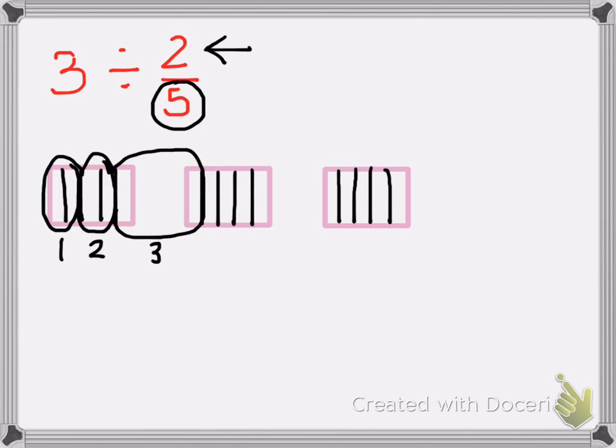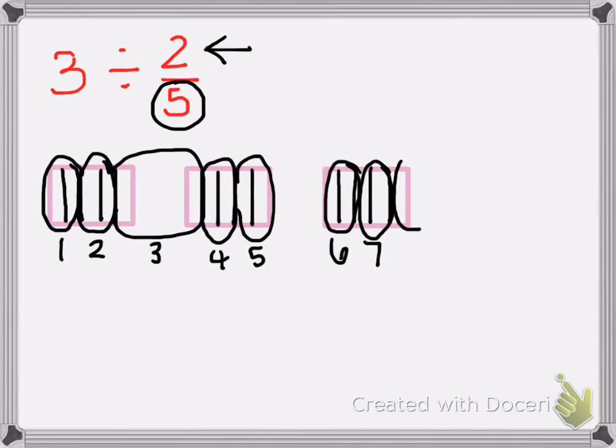Here's the 4th, here's the 5th, here's another group of 2, that's 6, and another, that's 7. And this would be my 8th group of 2, but I'm missing one. So I only have 1 out of 2 here. So my answer is 7.5.